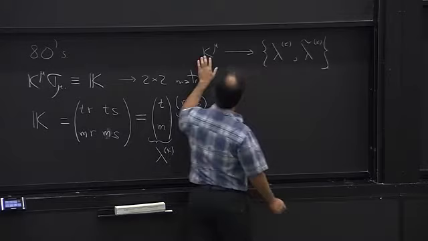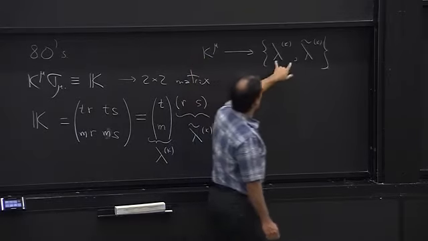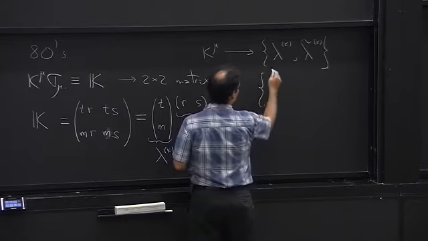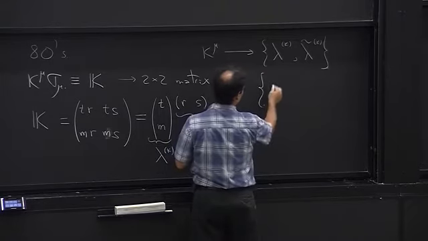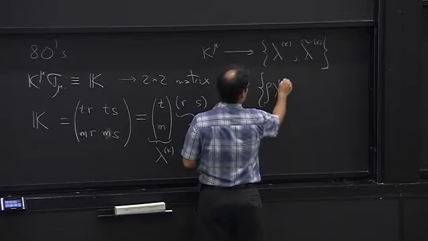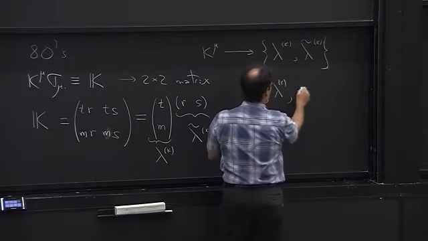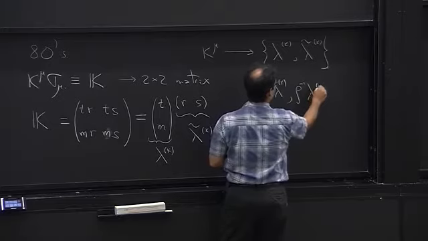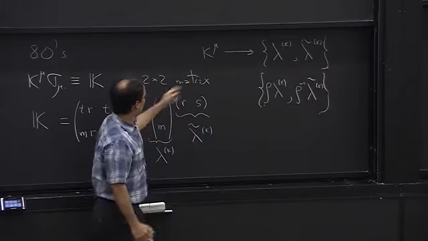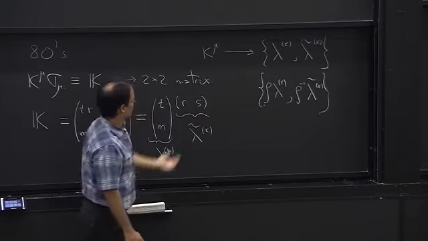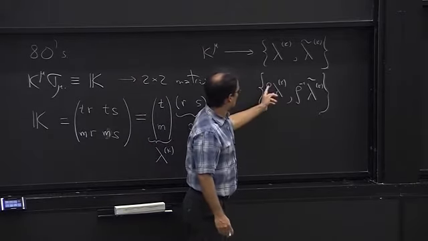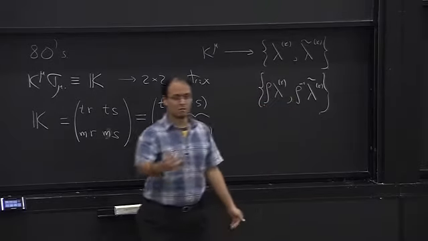If I give you k only, you can come up with this choice, or somebody else can come up with a choice that looks like some rescaling. Let's call it rho. And as long as you put the inverse here, you produce the same matrix k, and therefore the same vector k. So there is a redundancy in this description precisely by one complex number.